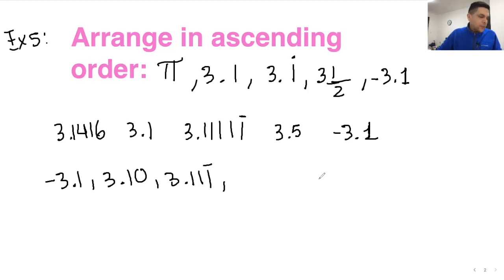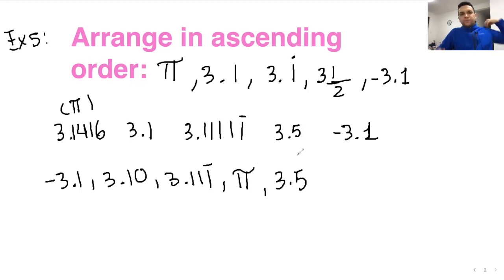Next, we're going to have pi. I'm going to write pi here, but these two are the same. This is pi, right? And then we got 3.5. Okay. Easy, right? So from smallest to largest.